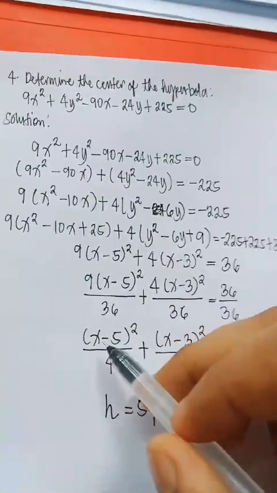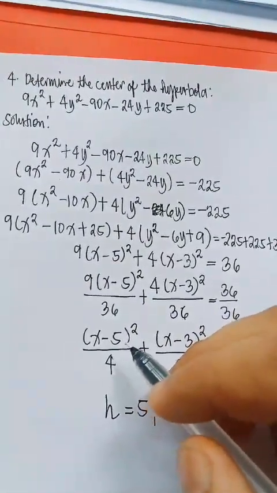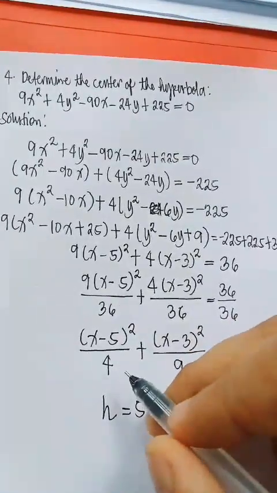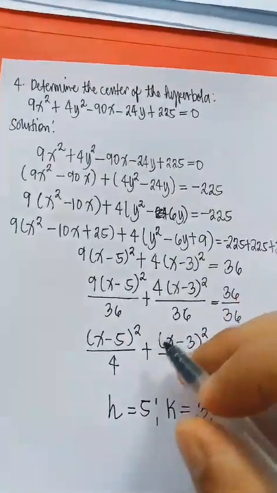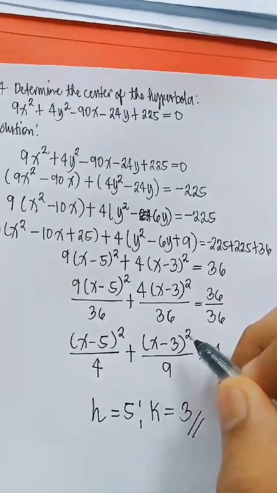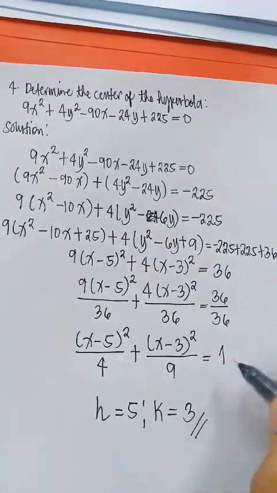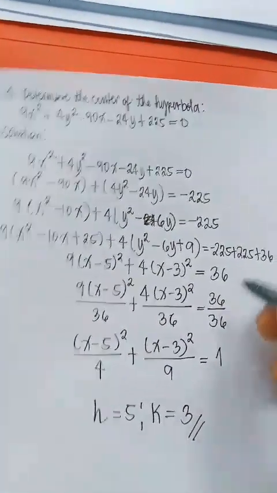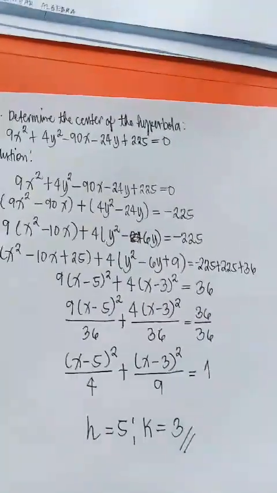Next is x minus 5 squared over 4 plus y minus 3 squared over 9 is equal to 1. We just divided 36 by 36. That's why we get 1.